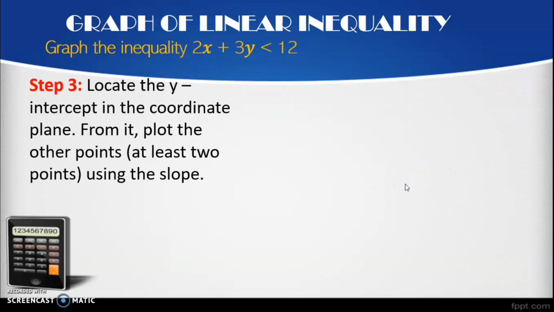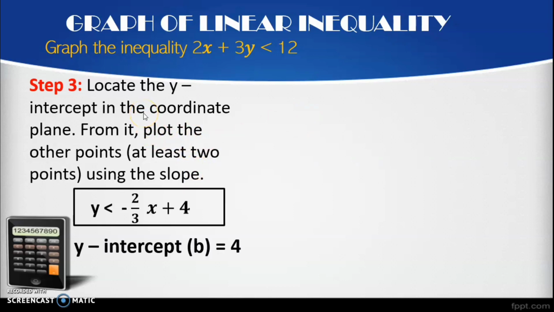Step 3, locate the y-intercept in the coordinate plane. From it, plot the other points, at least 2 points, using the slope. Unahin natin i-plot ang y-intercept sa ating coordinate plane. So, y-intercept natin is 4, slope is negative 2/3.